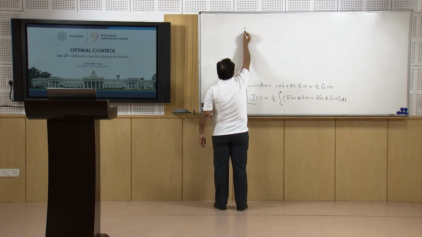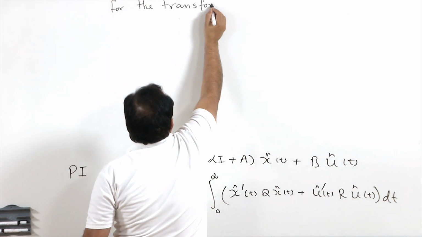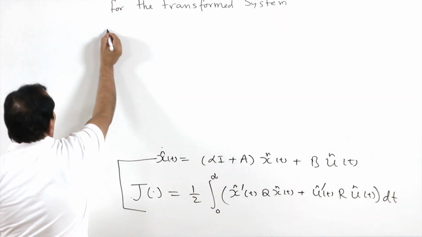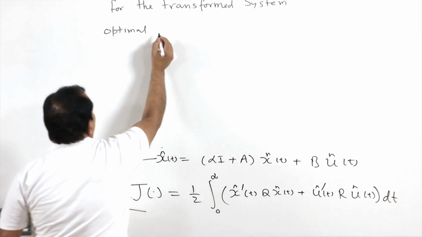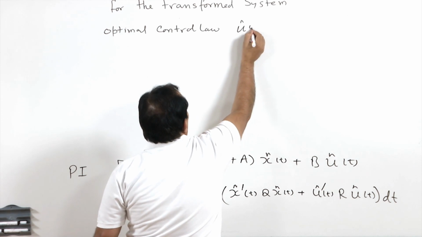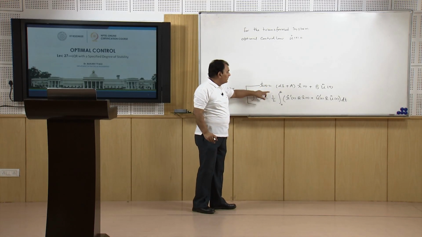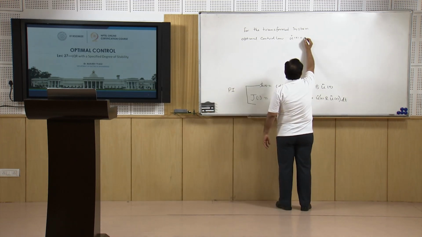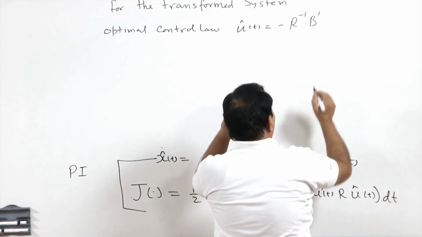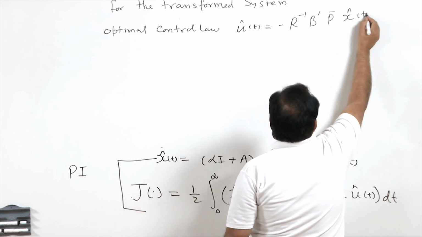So, for the transformed system, my optimal control law is u hat of t, and as this is an infinite horizon regulator problem, I know the solution for this system is minus R inverse B prime, because my B matrix is unchanged, P bar x hat of t.